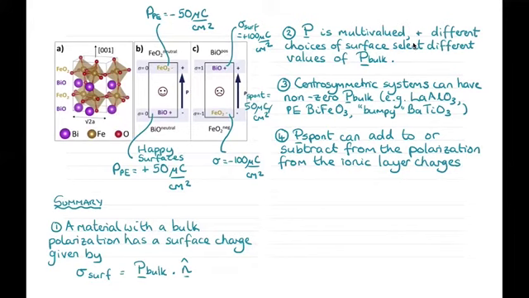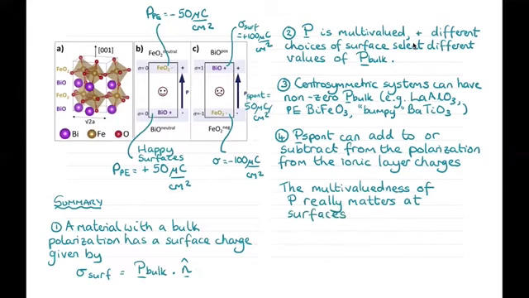So I hope these examples have convinced you that the multi-valuedness of the polarization is really important at the surfaces of materials, of bulk periodic solids, and also at the interfaces between two materials.